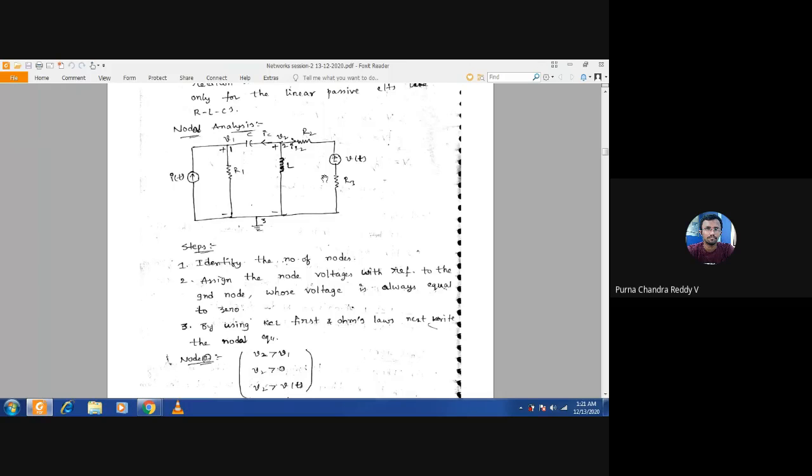But in my observation, nodal analysis gives you the answer in short time compared to mesh analysis in most cases. In some cases, mesh analysis takes less time. But I use nodal many times, and mesh analysis only in some special cases.